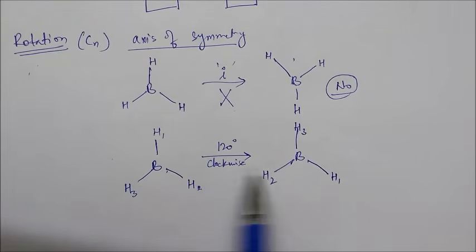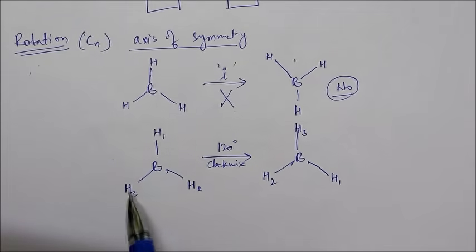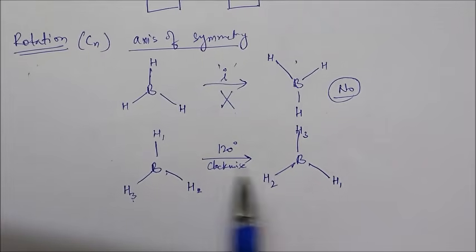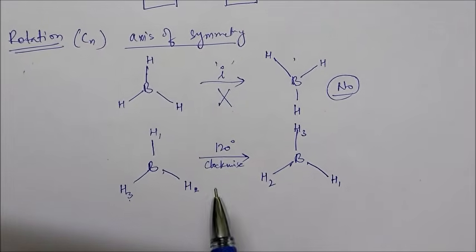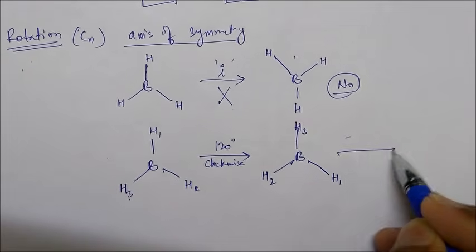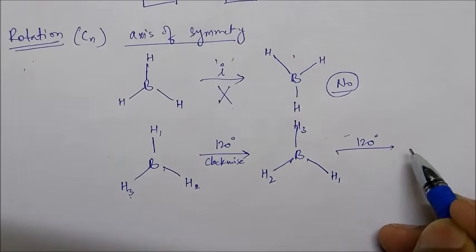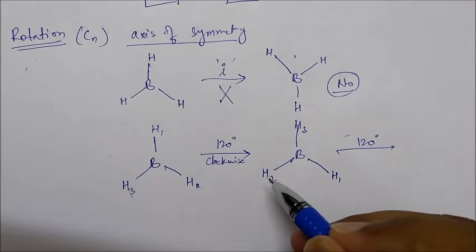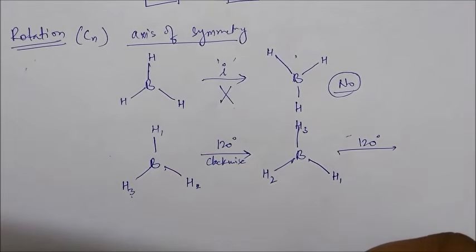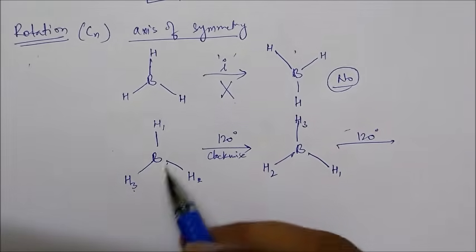Yes, they are the same, just the labeling differs, because we have labeled them, that's why we can distinguish them; otherwise they are indistinguishable. Again we can rotate it by 120 degrees. If you do a 120 degree rotation again, H1 will go here, H2 will go here, and H3 will go here. And if we do a rotation of 120 degrees again, we will get the same molecule.